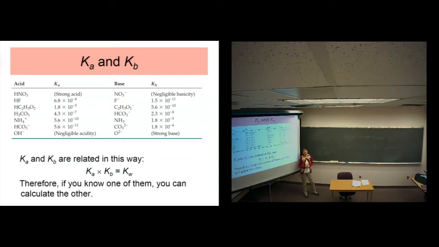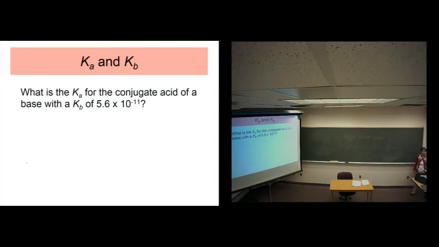Okay, so if you have one, for example, Ka, now remember this is a conjugate acid-base pair that we're talking about. So if I have Kb for a base, what is the Ka for its conjugate acid? Well, you guys do that, right? That would be Kw divided by our Kb, and that gives us the Ka. So the Ka for this answer would be what?